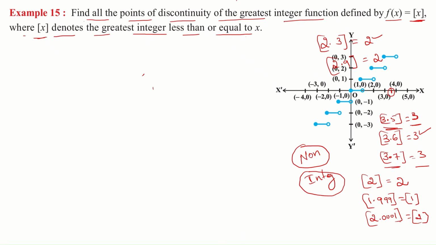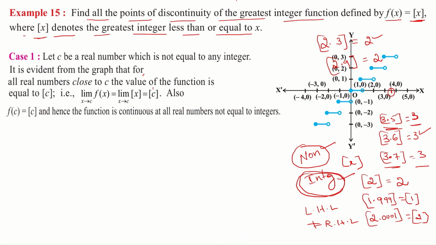It means that the left hand limit is not equal to the right hand limit when the input is an integer. So the greatest integer function is not continuous at all integral values. It is continuous at all non-integral values.